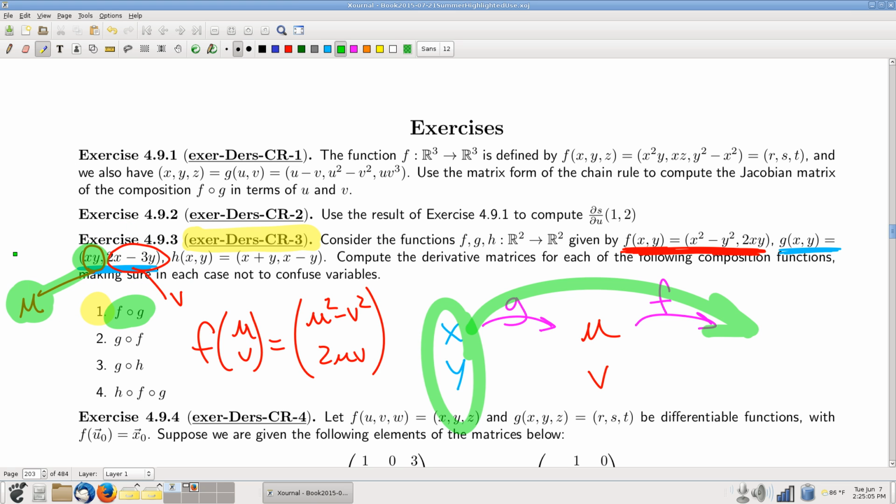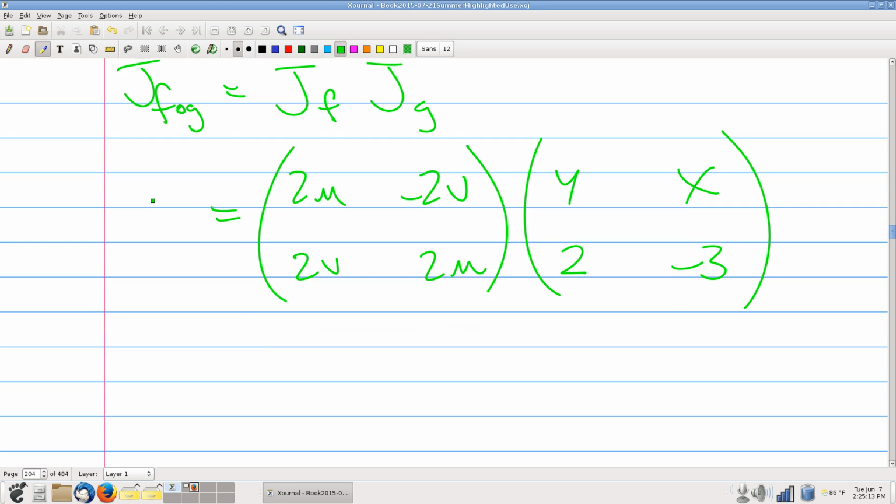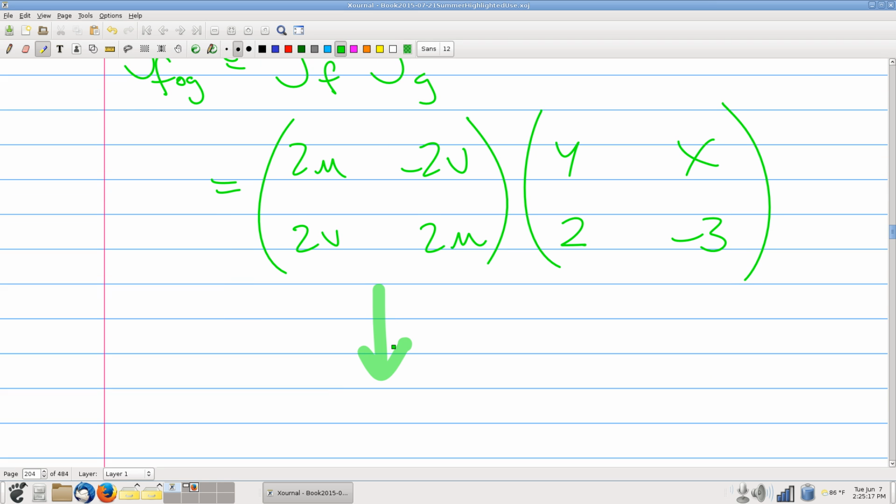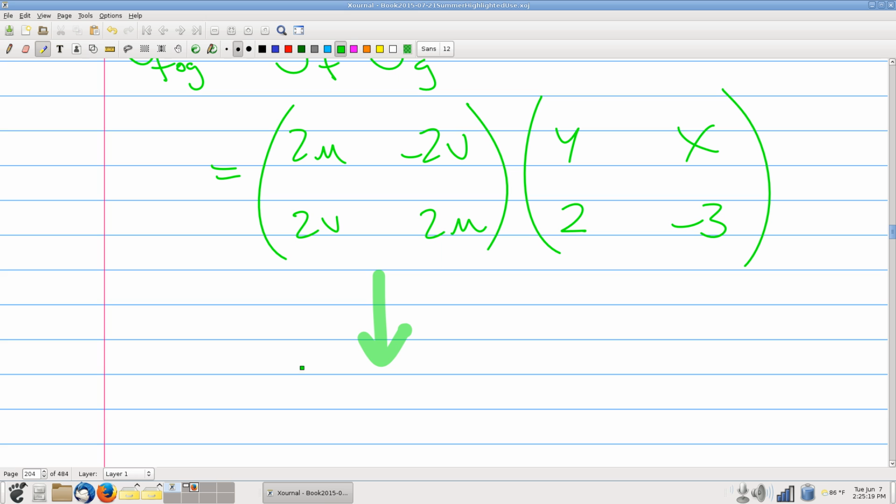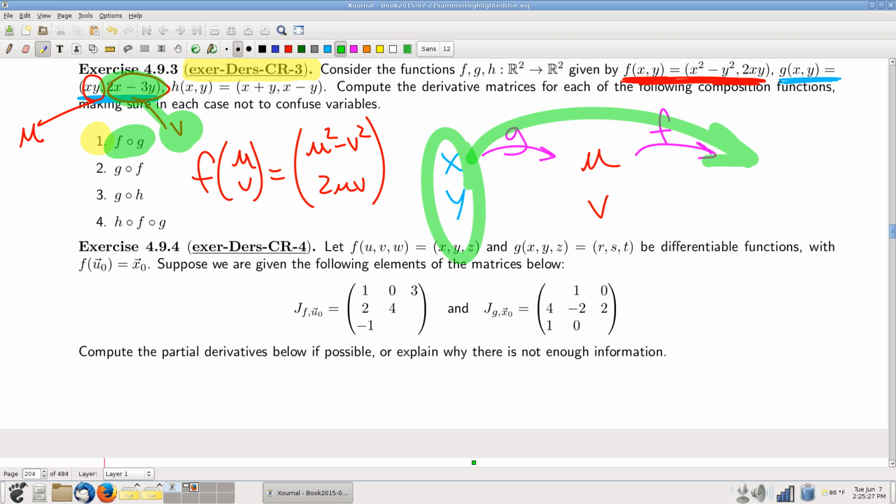And likewise, everywhere I see a V, I've got to put 2X minus 3Y. So this will be changed accordingly, and then multiply this out, make those substitutions, and you'll have a great big matrix that's in terms of X and Y as needed. Everybody happy with that one? Okay, so the other parts are similar.